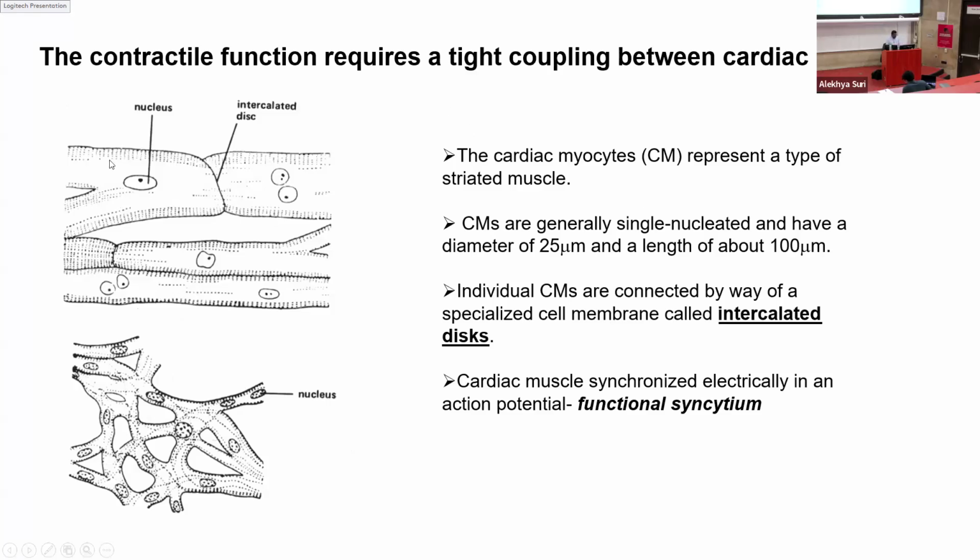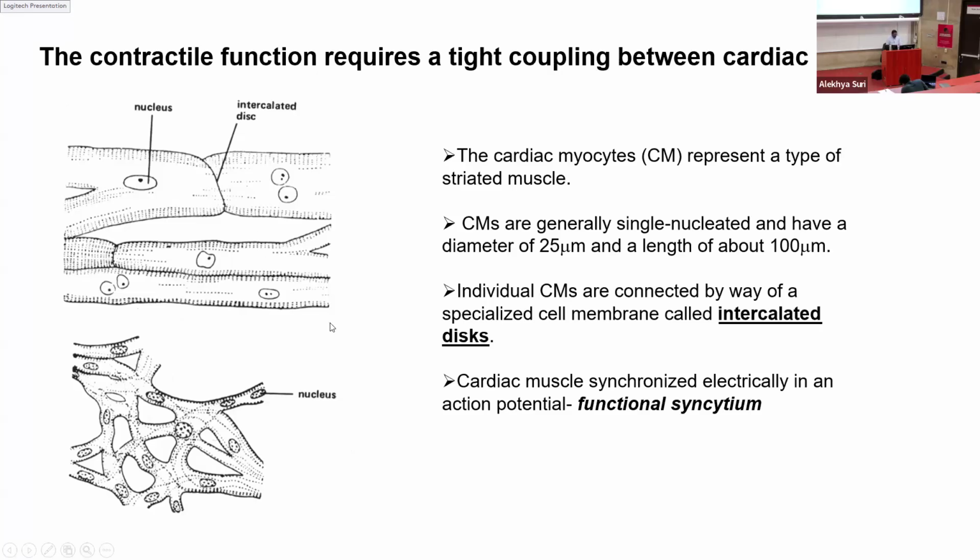The cardiac myocytes are connected by a specialized membrane structure called the intercalated disc. This intercalated disc contains a lot of communication systems, which bring the two myocytes together functionally.